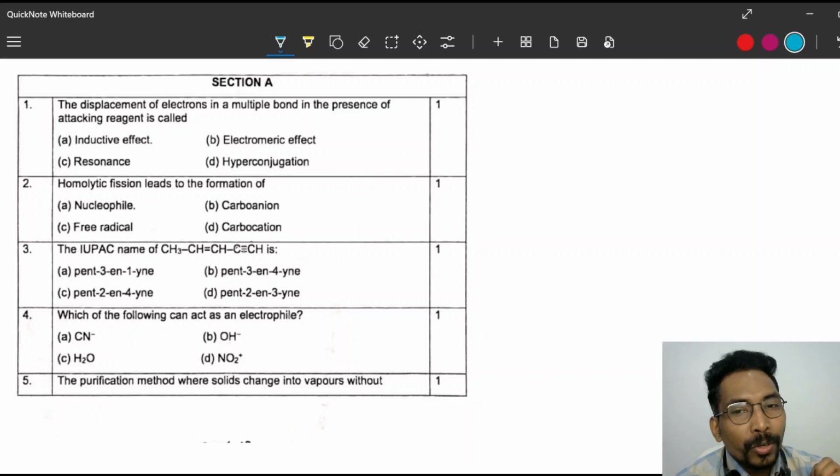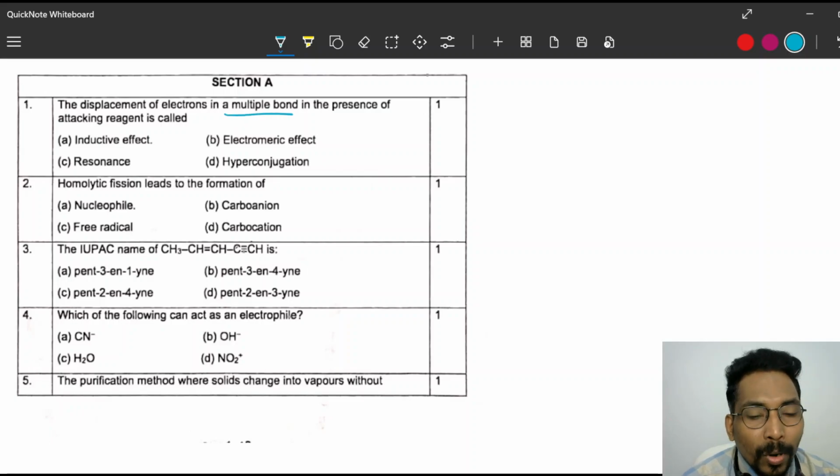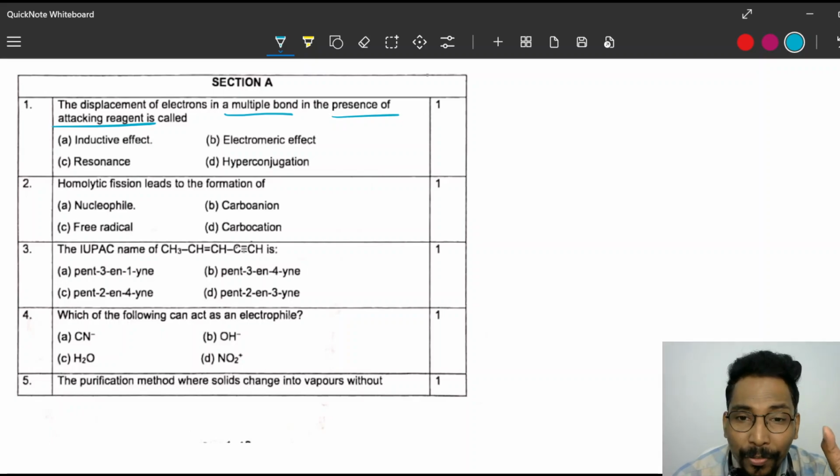I hope all of you know there are four important displacement effects according to your syllabus. One is hyperconjugation, then inductive effect, resonance effect and electromeric effect. Out of that, the displacement of electrons in a multiple bond in the presence of an attacking reagent. Out of these four effects, which effect is produced only in the presence of an attacking reagent?